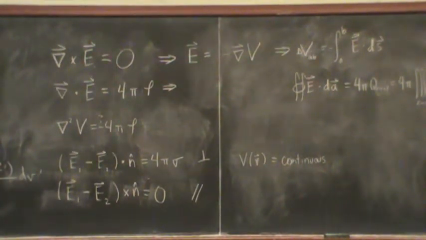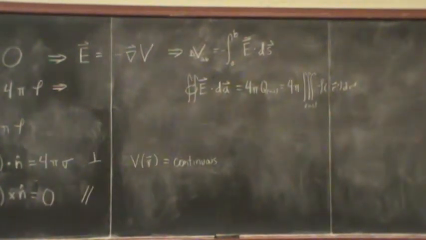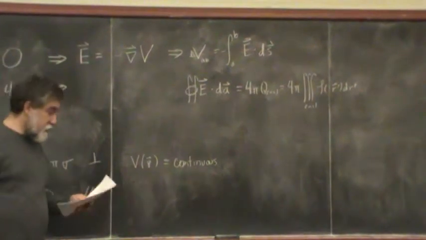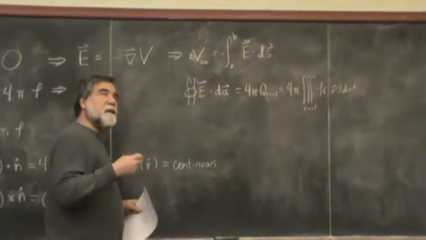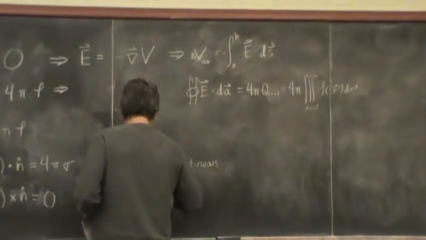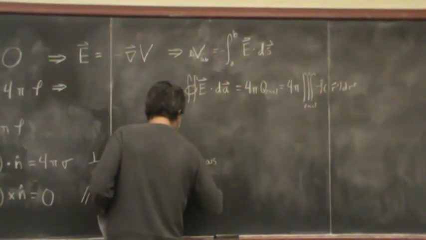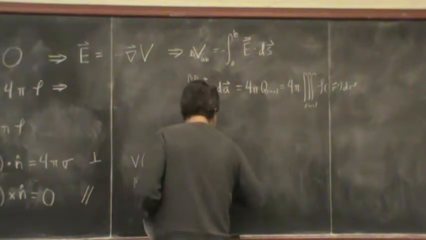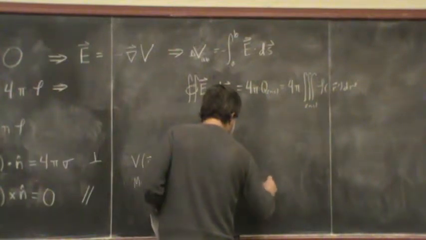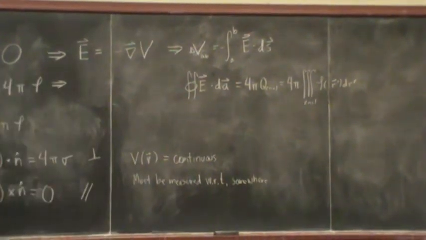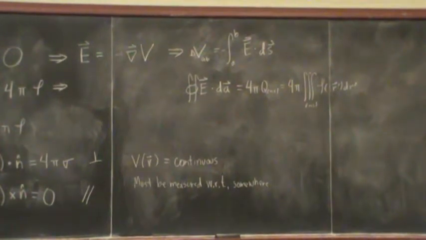All right. This potential here is a scalar, and it has some properties that are useful to us. One is that it's continuous, right? Two, you should just keep this in mind. This is not so much a property as just a reminder. It must be measured with respect to somewhere. Whenever we talk about potential, we're always talking about potential with respect to something.